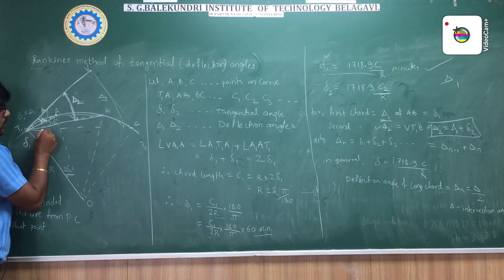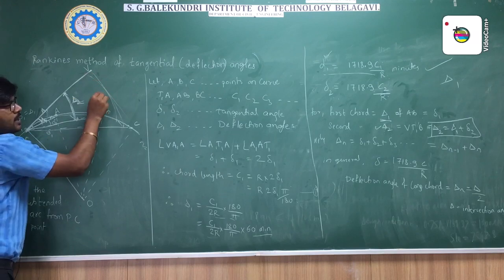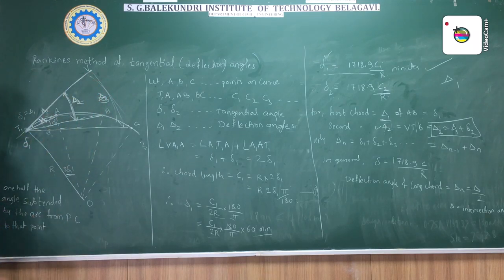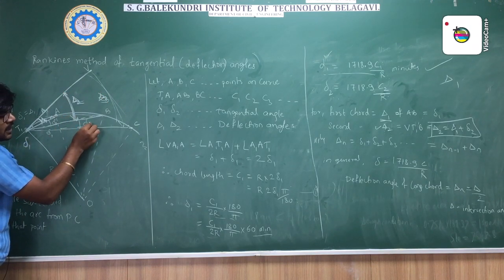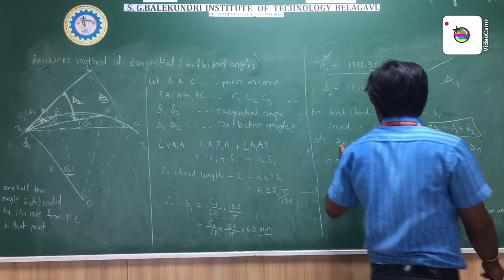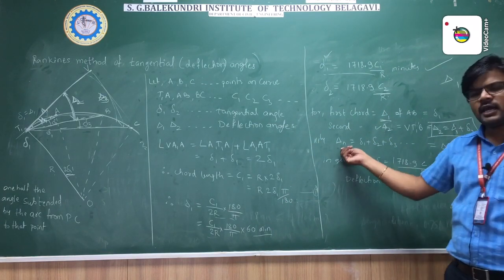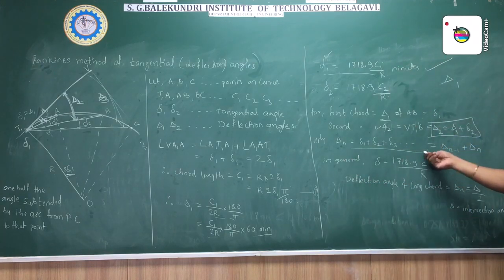Same thing when I go with the third one, V T1C, this will be delta 3. This delta 3 will be delta 2 plus the tangential angle delta 3. Like that, we can write up to the delta n term, the addition from the first chord to the last chord, as delta n minus 1 plus delta n: the previous deflection angle plus the present tangential angle.